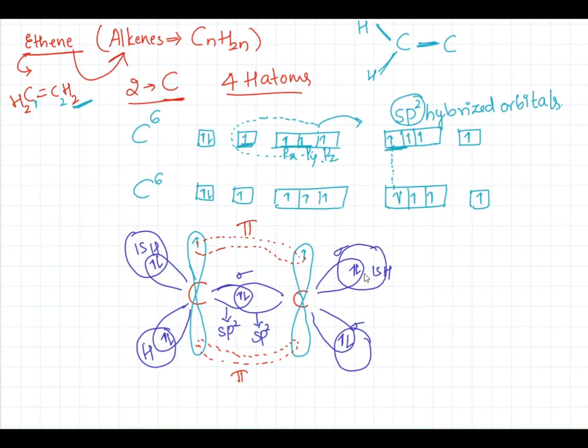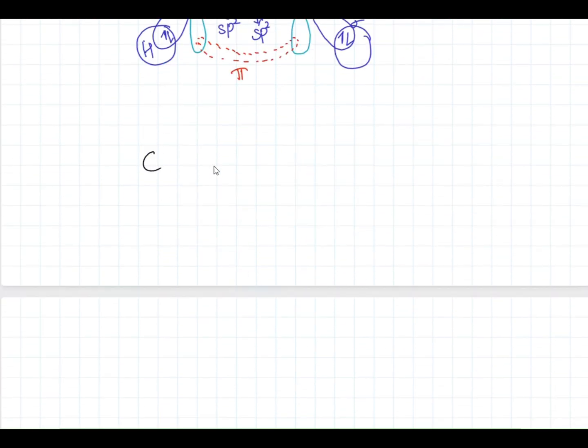Let us discuss the geometry of the alkene, that is ethene. There are two carbon atoms, and there is one sigma bond and another pi bond between the two carbon atoms, and these carbon atoms are bonded with two hydrogen atoms each.